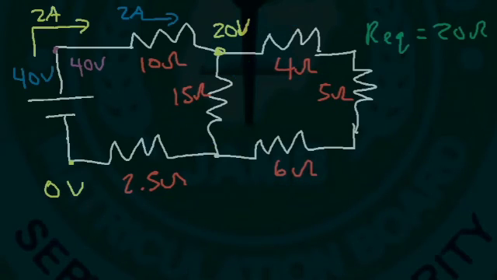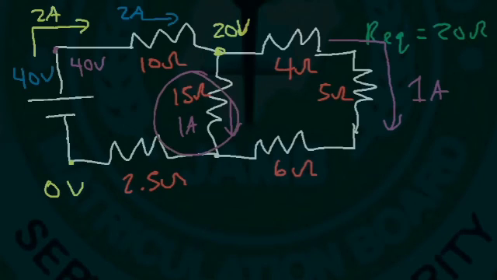So 1 amp of current flows through the 15 ohm resistor, and 1 amp of current flows through the other 3 resistors. 15 times 1 is 15, and 4 plus 5 plus 6, which is 15, times 1 is 15. So the voltage drop is the same.